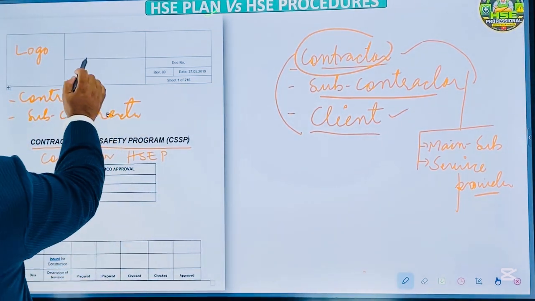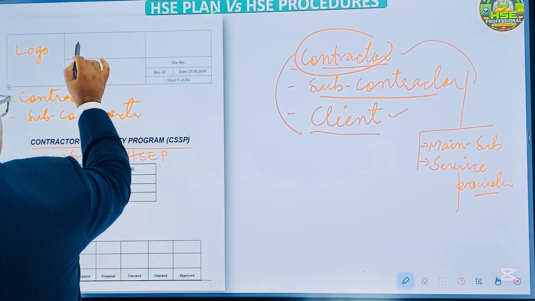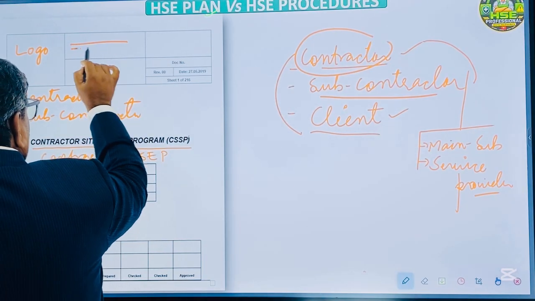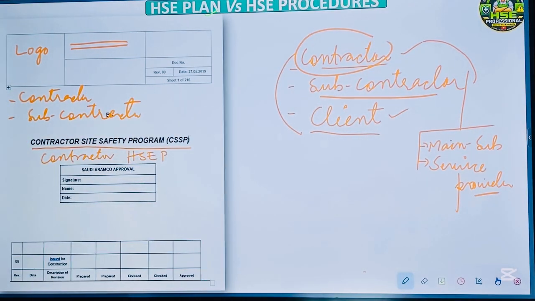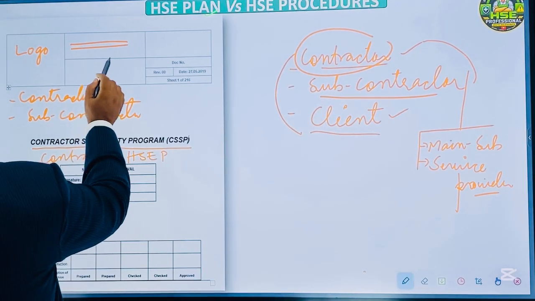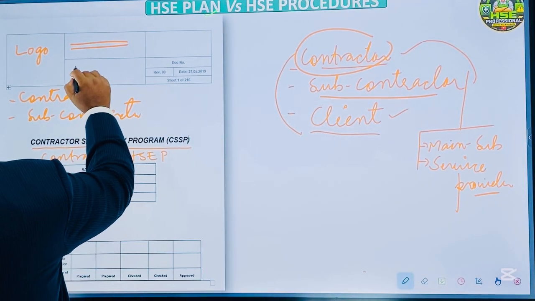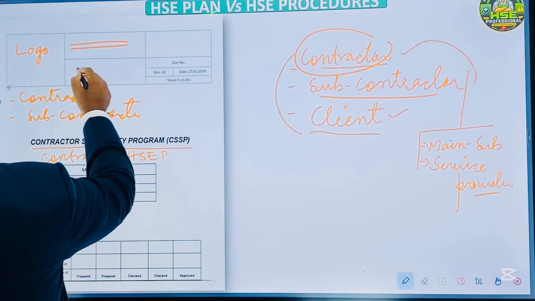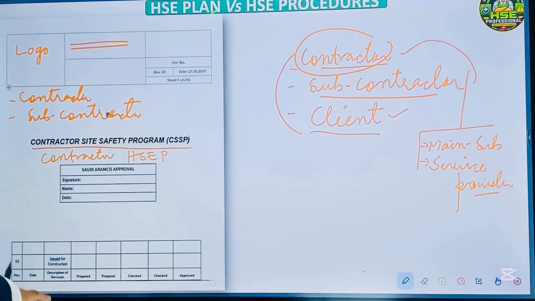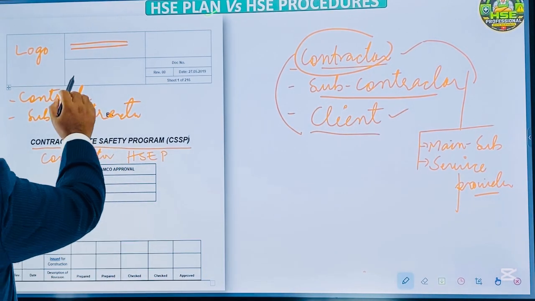Okay, here you need to describe the project title. You need to describe the project title in detail. Here you can write the type, like suppose this plan is made for the whole project or a particular area, you have to describe here.